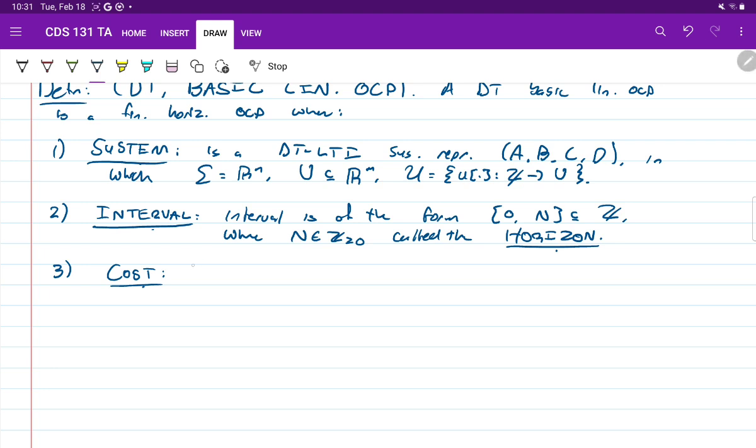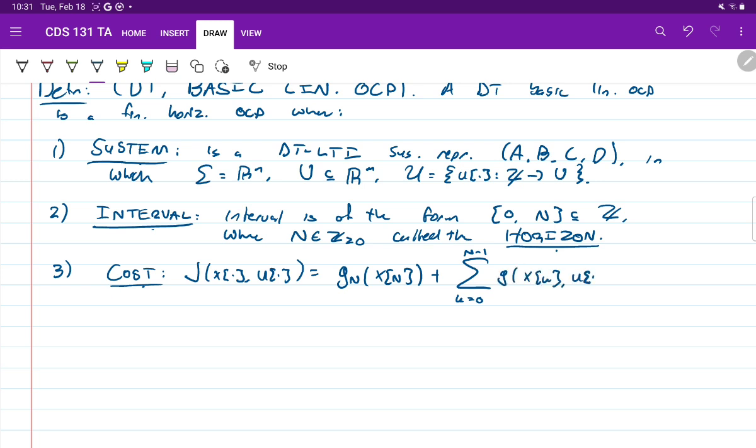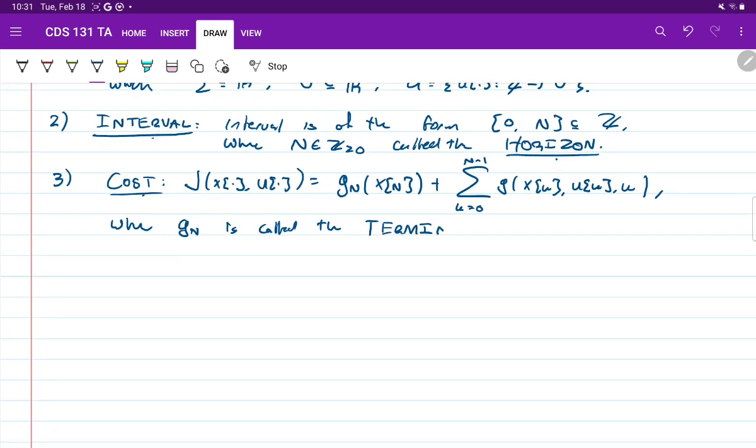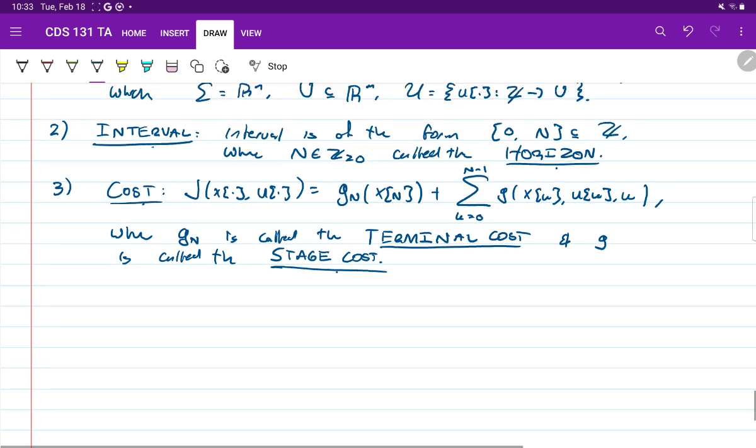So the cost function J of a trajectory x and an input signal u will be equal to g_n of x_n plus the sum from k equals 0 up until n minus 1 of g of x_k, u_k, k, where g_n is called the terminal cost, because it's the cost that penalizes the final state, the terminal state of our optimal control problem, and g is called the stage cost, because it's the cost associated with each stage of the optimal control problem.